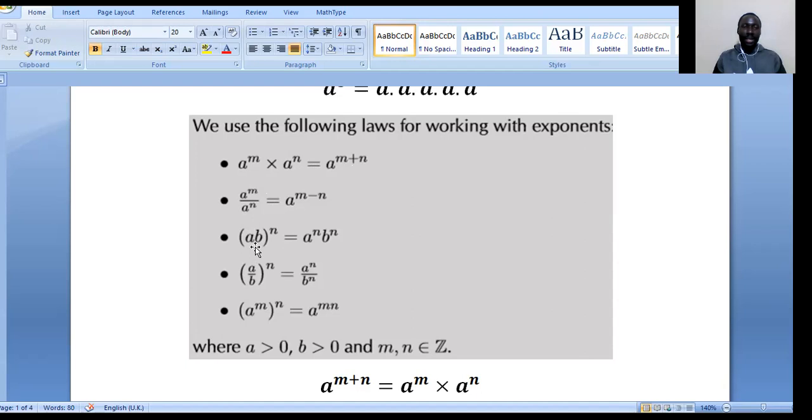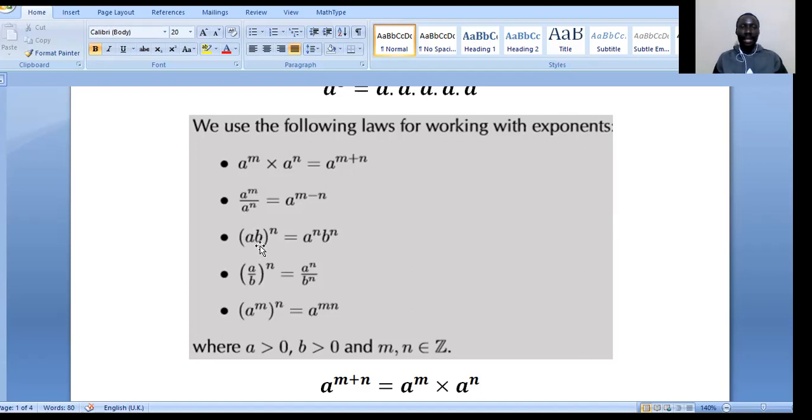In the third one, we see that if you have an exponent outside some items inside the bracket, you can simplify this by splitting the exponent into exponents of the individual quantities inside the bracket.